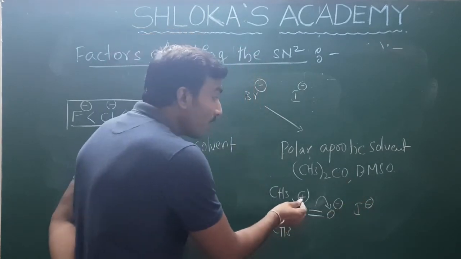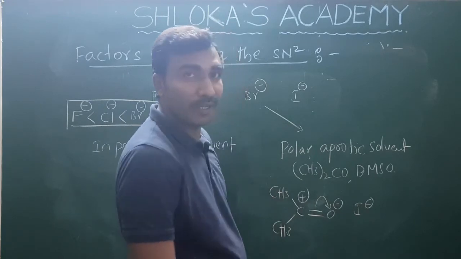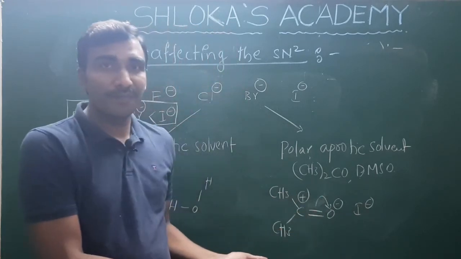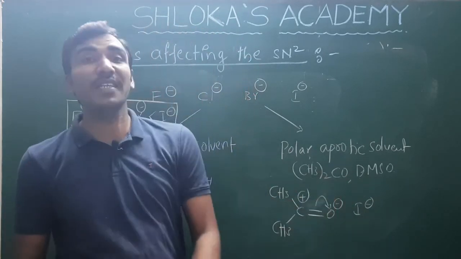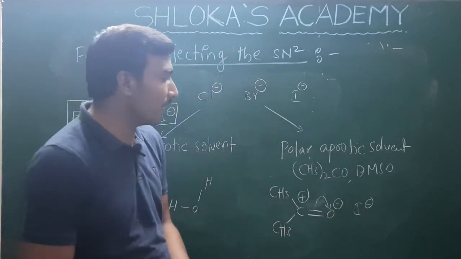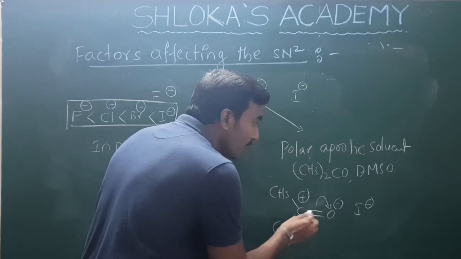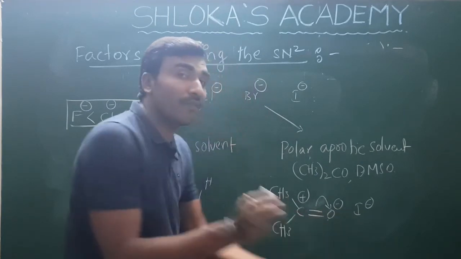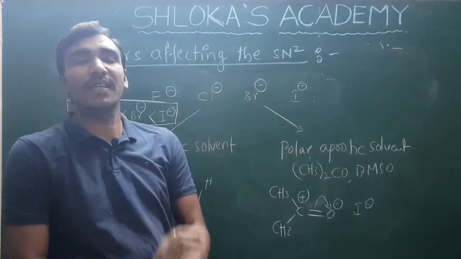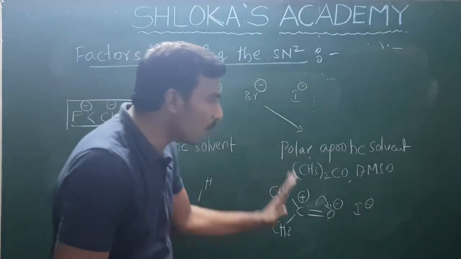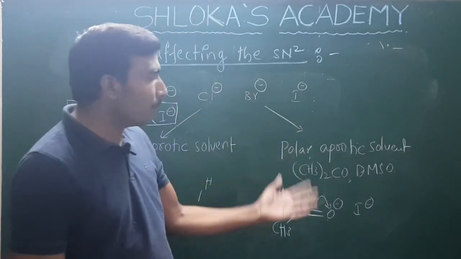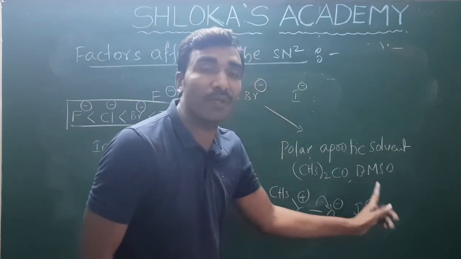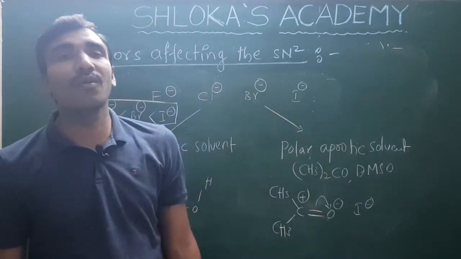Let us see, why can't this positive charge approach this one? It is too bulky. It cannot approach the I minus because of steric hindrance. If I minus wants to approach here, these two groups and this oxygen will repel, showing steric hindrance. So there is no possibility of hydrogen bonding here. No possibility of restriction on the iodide to donate the lone pair.